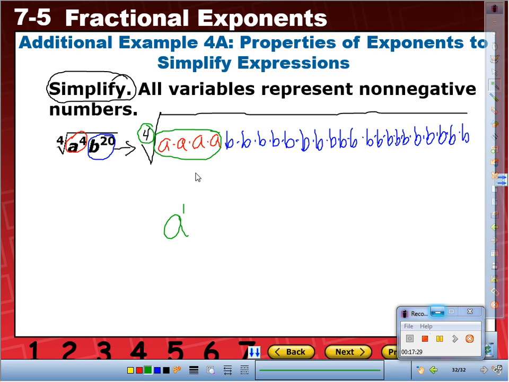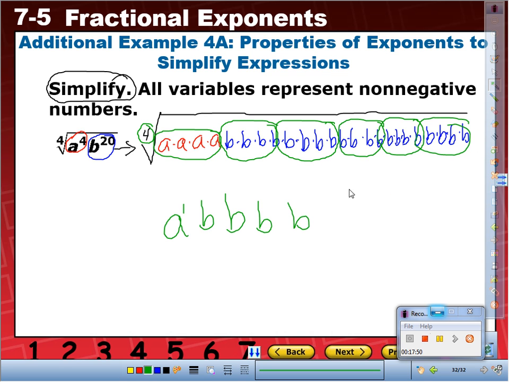What other? There's 4 B's, so I write B. How about another 4 here? Yep, another B. Another 4 here? Yep, another B. And another B for that one, right?